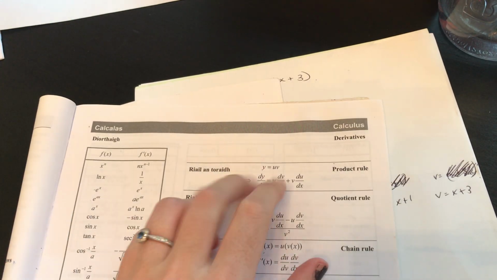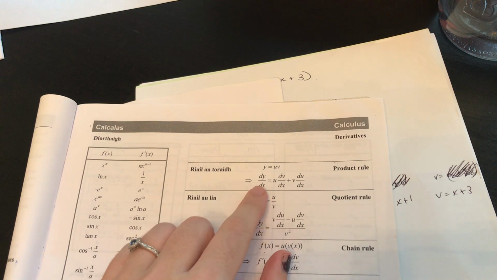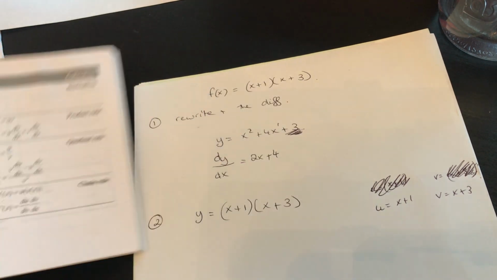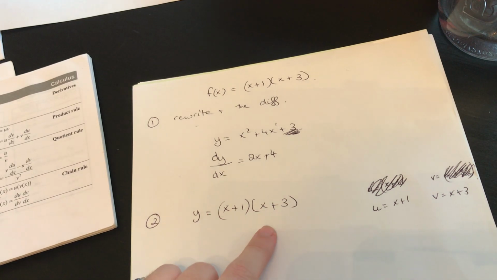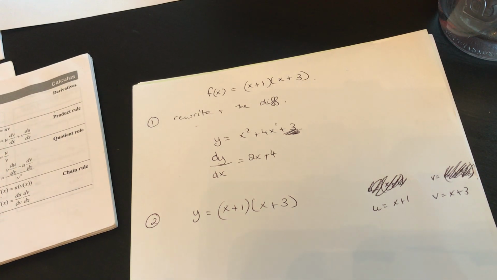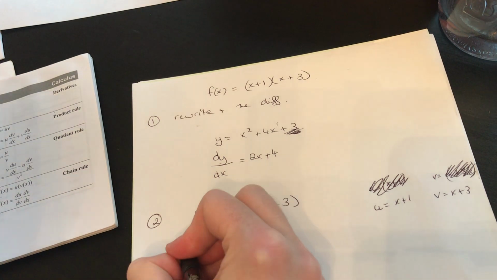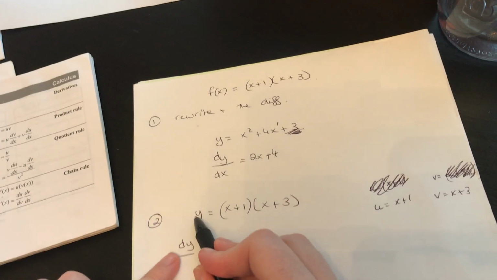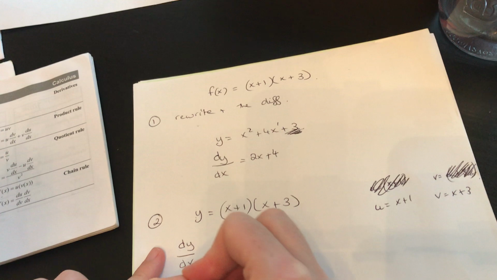We're following the product rule because we have 2 things multiplied. So do I want to differentiate the y function written in terms of x? Yeah, they're going to ask me at some point to find the slope, or the differentiation of that. So my end goal is to differentiate the y function that's written in terms of x.